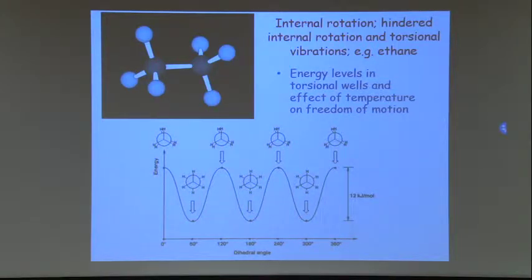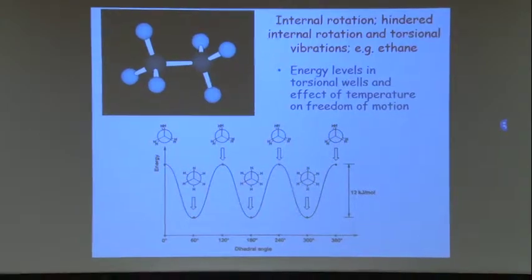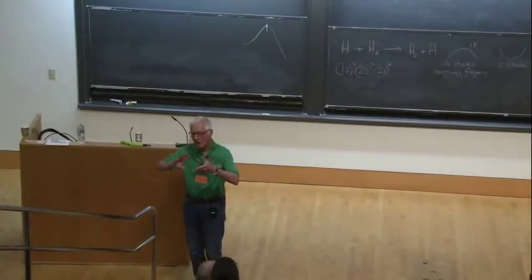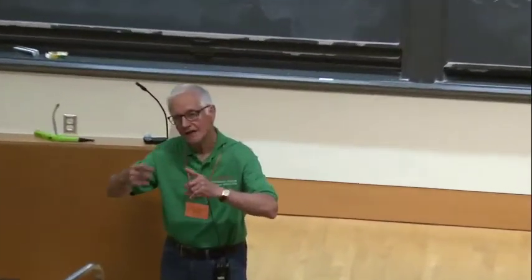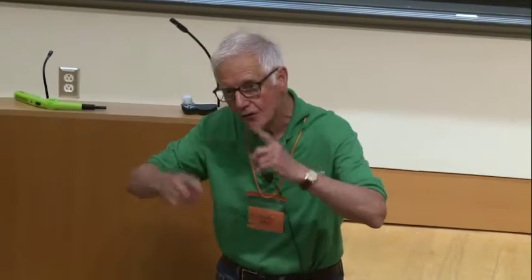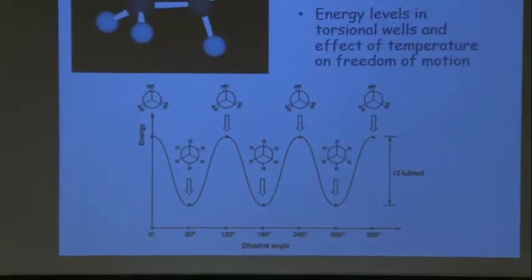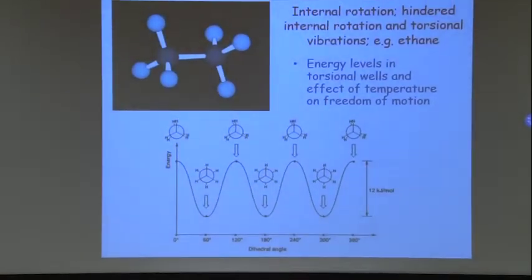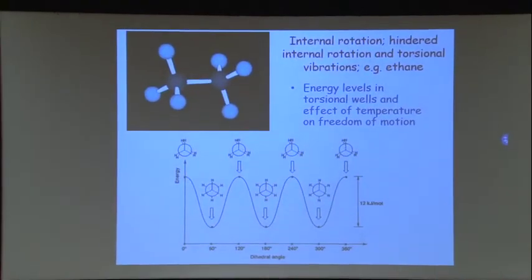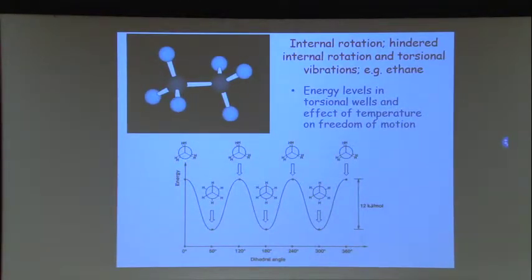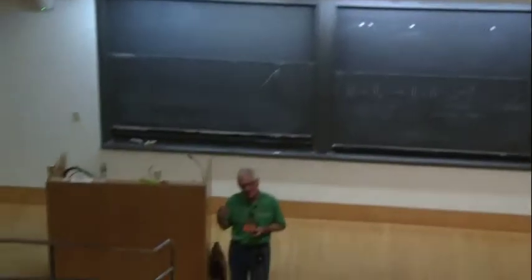So the 2 methyls will just be moving like that. But as we go up in temperature, then they'll begin eventually to freely rotate. But there's a hindered rotor situation as we move up there. And you can get partition functions for these, but it's a little bit more complicated. But it's important that you understand that this is an issue.